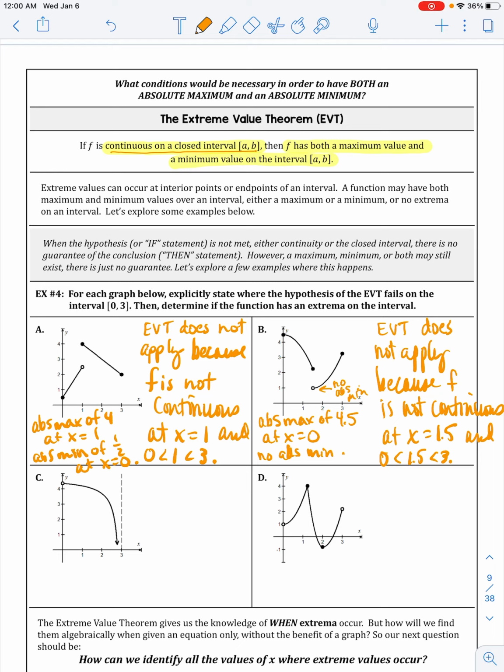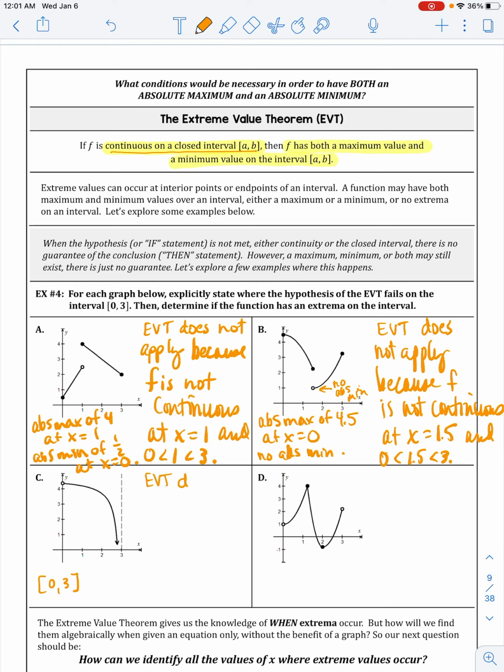From 0 to 3, we have a problem because it needs to be continuous on the closed interval, and notice that on the closed interval 0, 3, we do not have continuity at 3, and we also do not have continuity at 0. So this is actually continuous on the open interval from 0 to 3, therefore you cannot use the extreme value theorem.